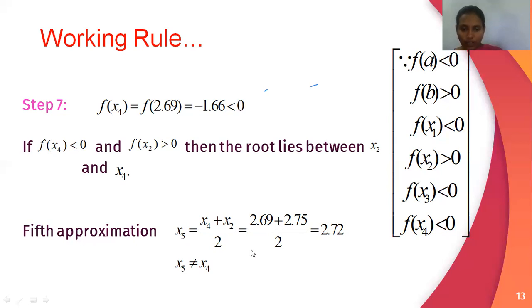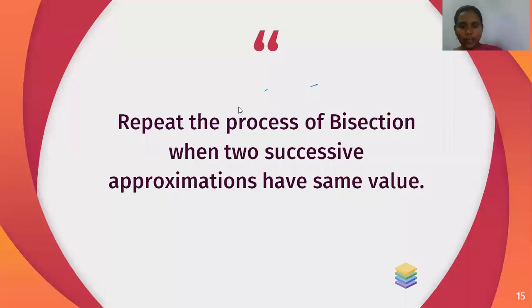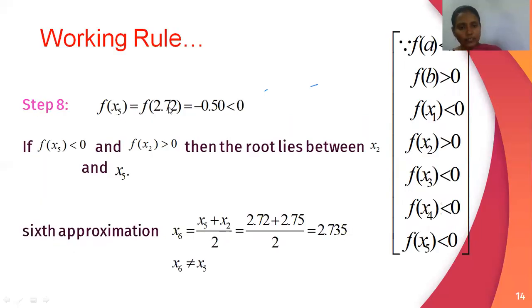Further, again find out the functional value of x5. Now what is the functional value? The functional value is negative. The functional value of the given function at x is equal to 2.72 is negative. Now check with the previous value. F of x4 is also negative, same sign, so the root does not lie between x4 and x5.